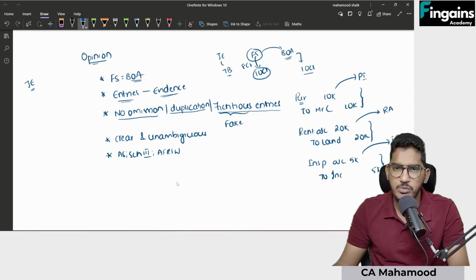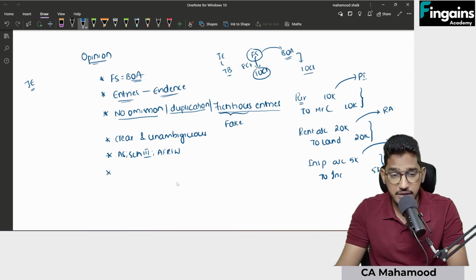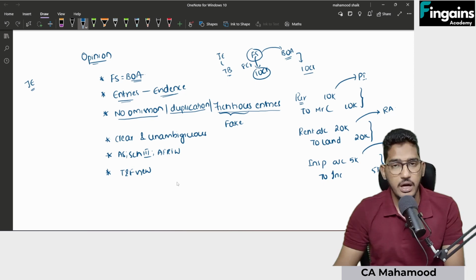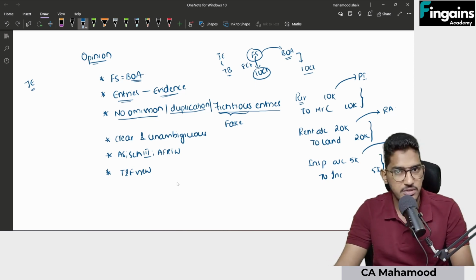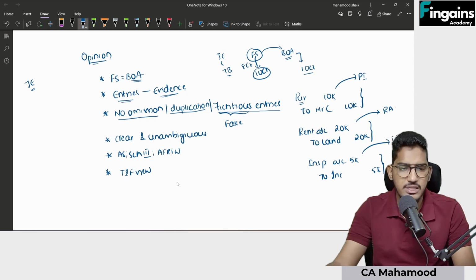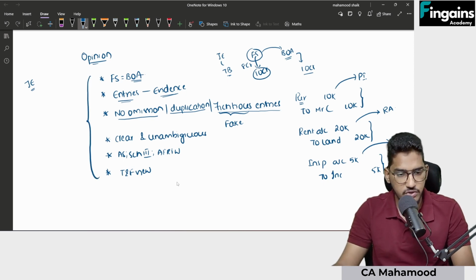Finally, I need to check whether the financial statements give a true and fair view. Why? Because my final opinion is regarding the true and fair view of the financial statements only. So these are a few basic points which we need to check before expressing an opinion.